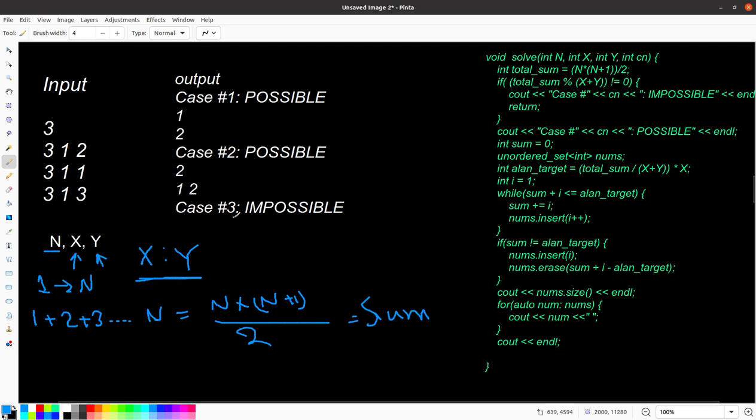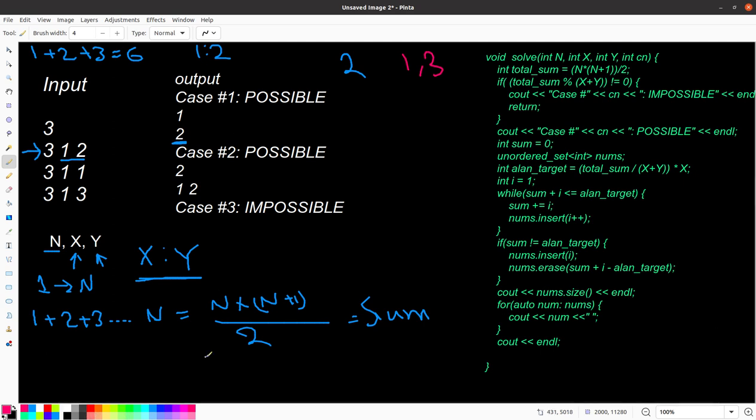For example, for this case we have n equal 3, so we have three numbers, 1 plus 2 plus 3, which equals 6, and we need the ratio to be 1 to 2. That's possible by giving the first person the value 2, and the second person will take the other integers 1 and 3.